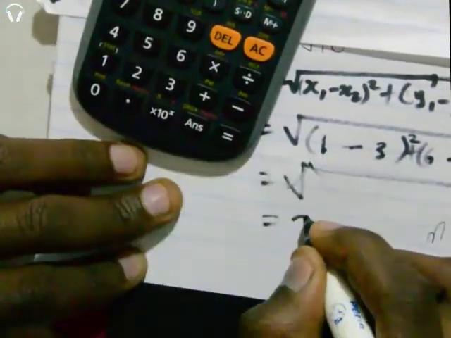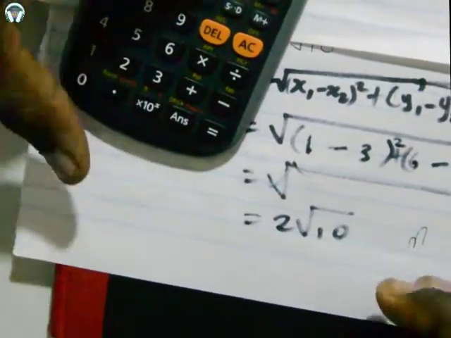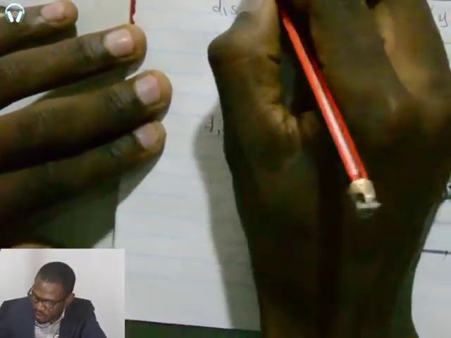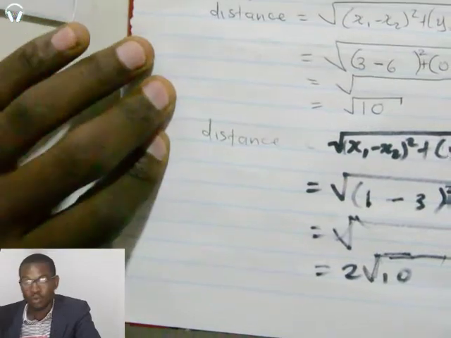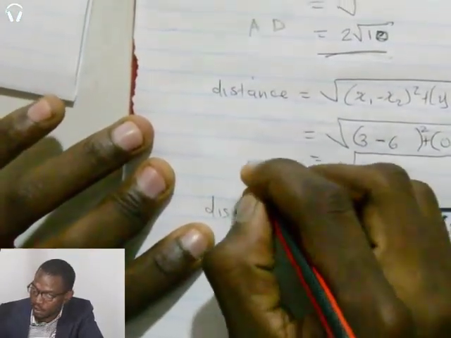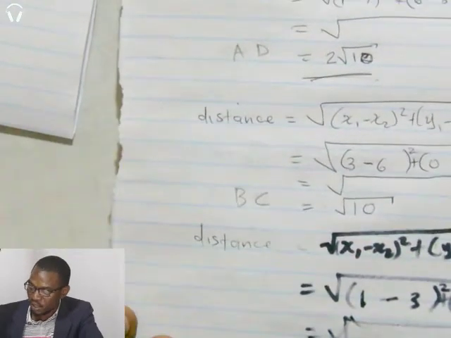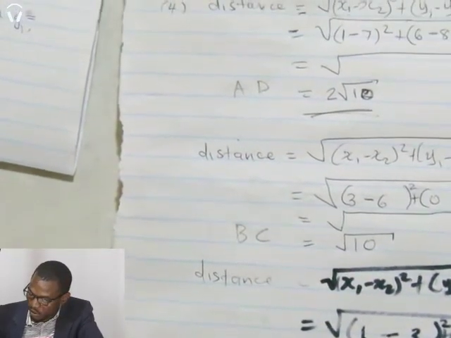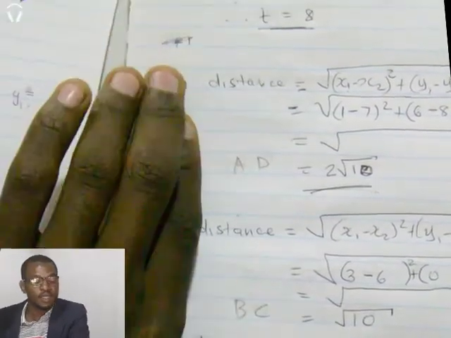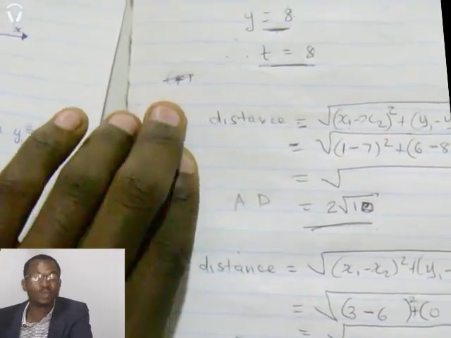Then our answer is 2 root 10. So the distance of BC is the root of 10, and the distance of AB is 2 root 10. And that's our answers. Moving on to the next question.